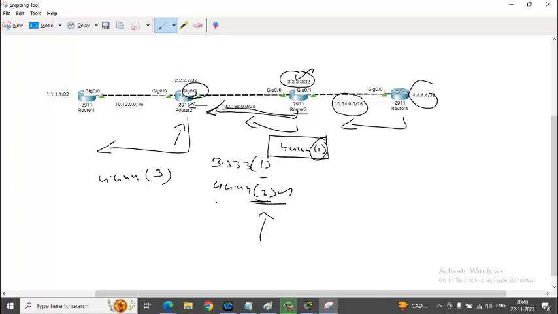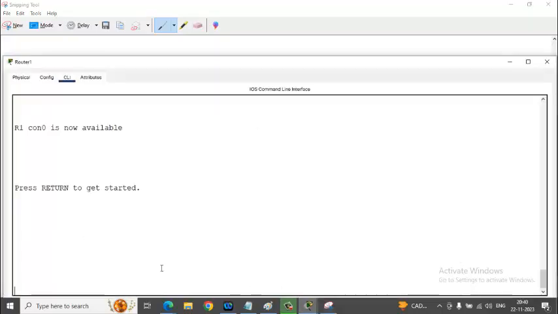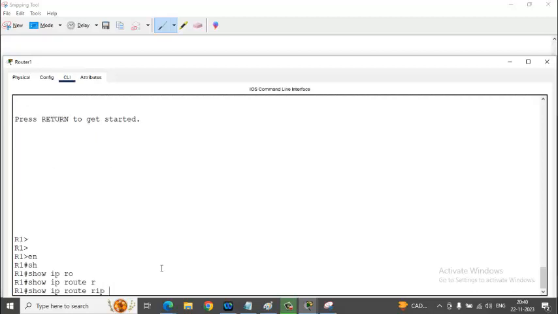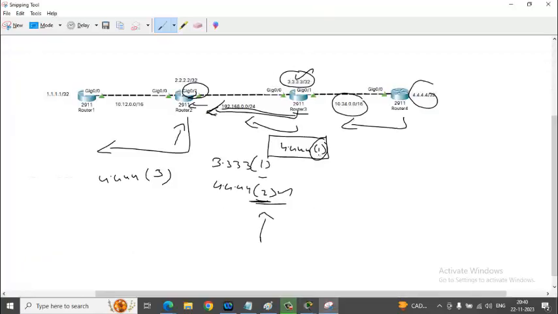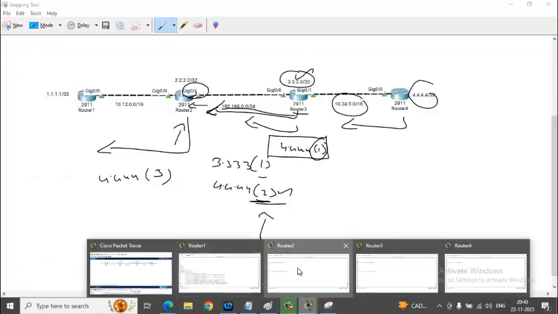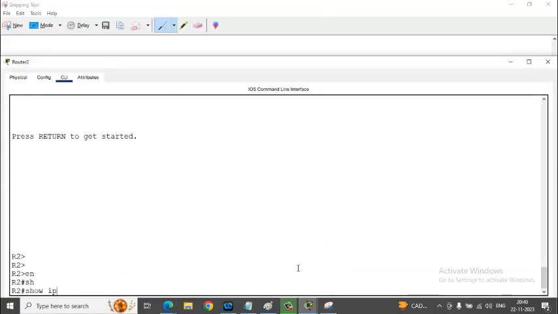That is what split horizon does. So because of split horizon, you are able to avoid unnecessary loops, because it is wrong information.